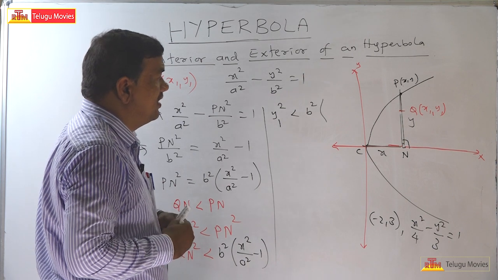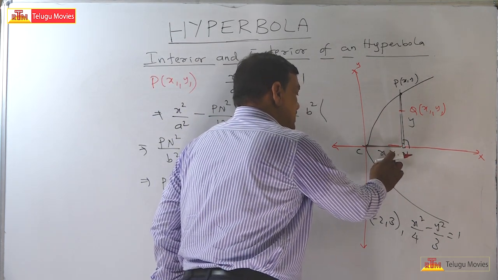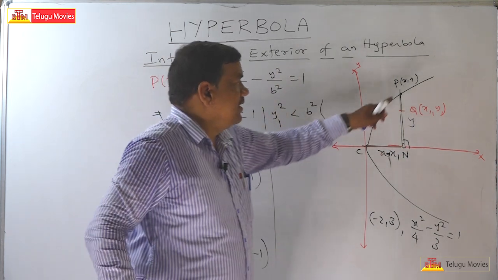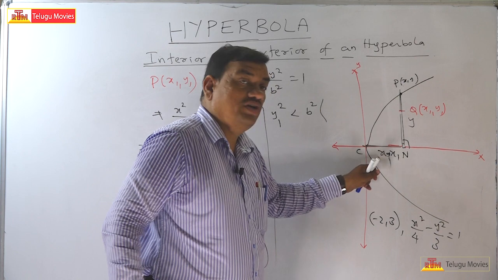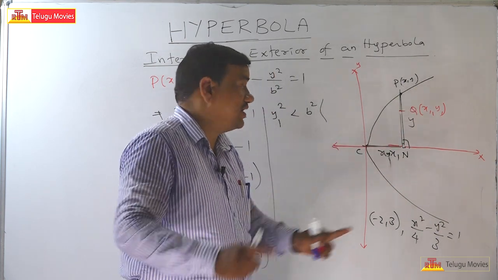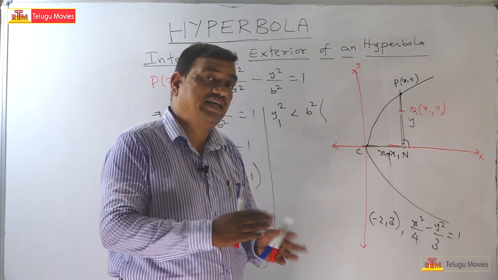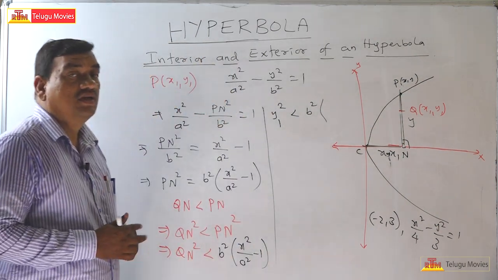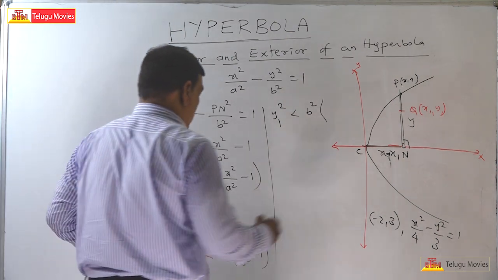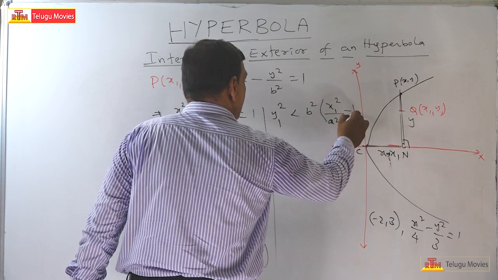Because the x coordinate is the same. For point Q the x coordinate is x1, and for point P the x coordinate is x, and both are the same. That is why in place of x we can replace with x1, no problem. So b square into (x1 square by a square minus 1).